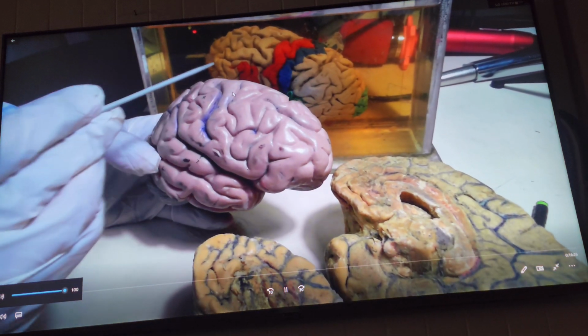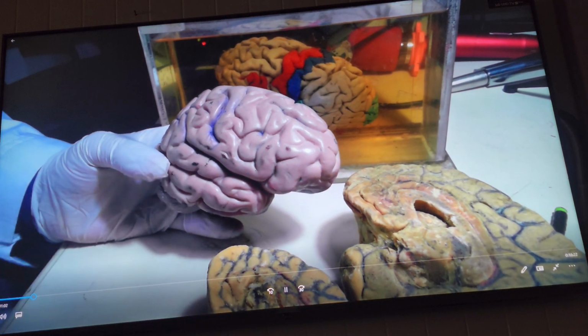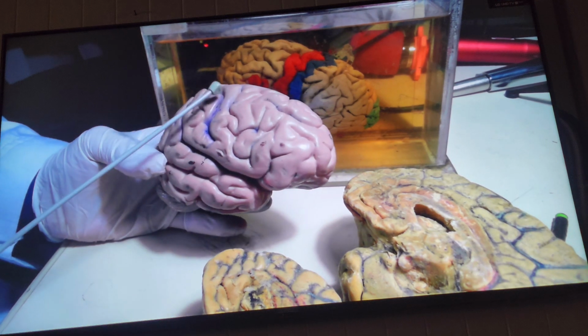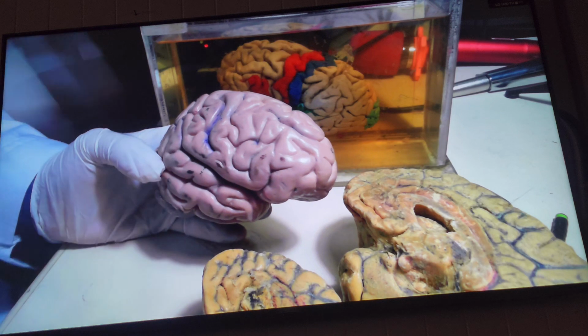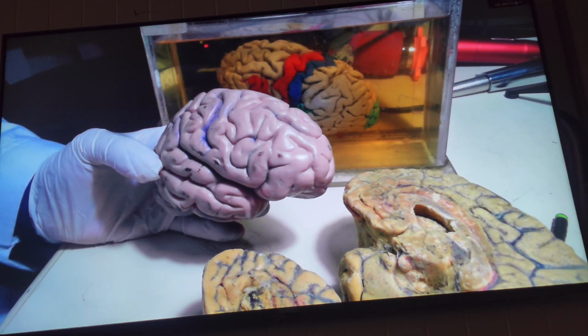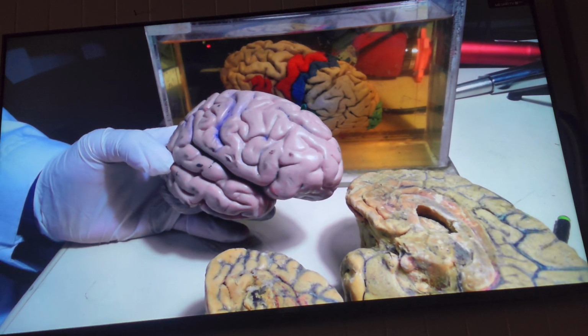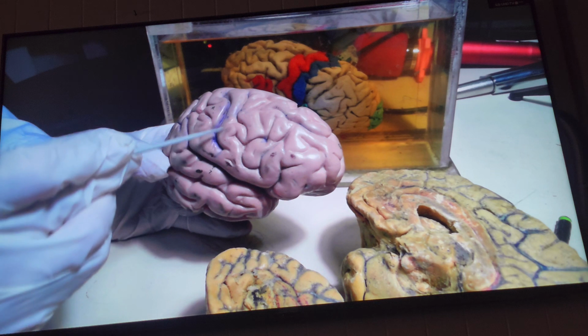The precentral area of the frontal lobe can be divided into 2 parts, the posterior part and the anterior part. It is area 4 of the cerebral hemisphere. The posterior region represents the primary motor area.